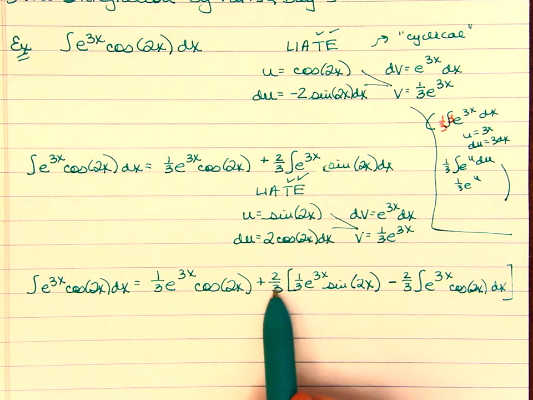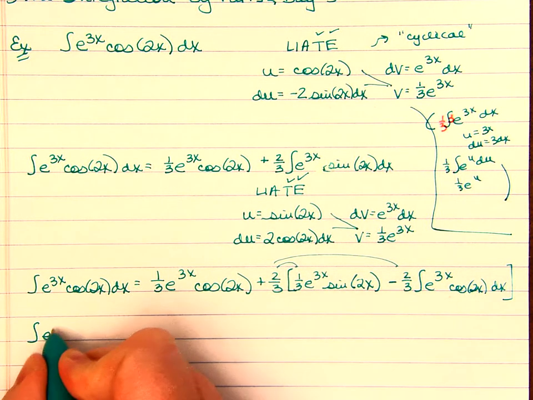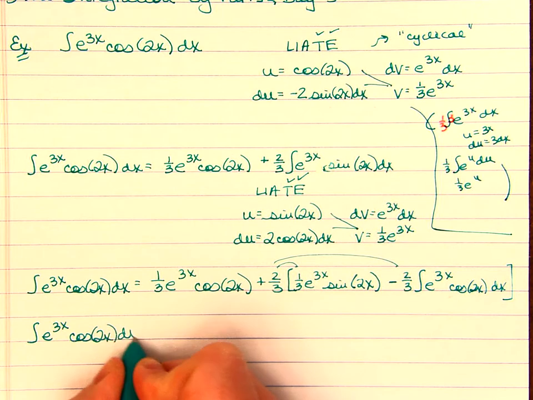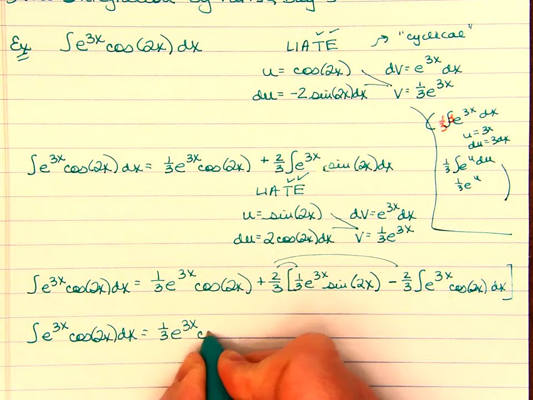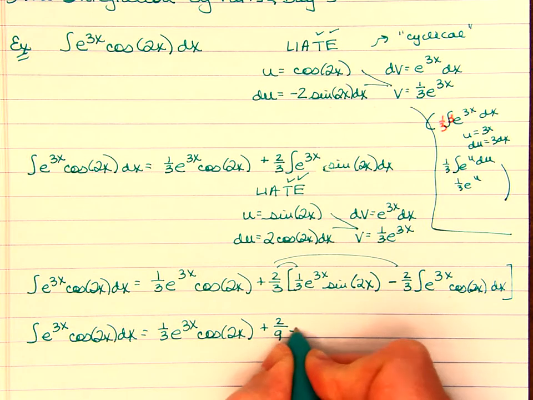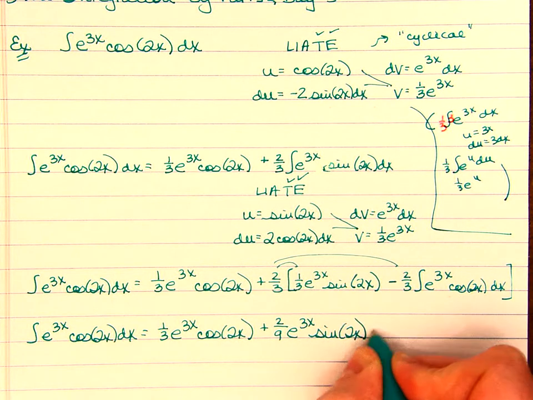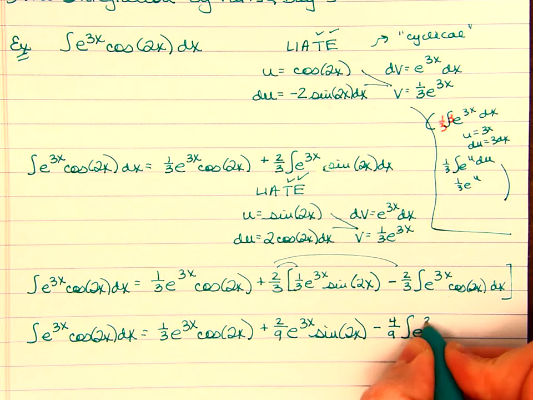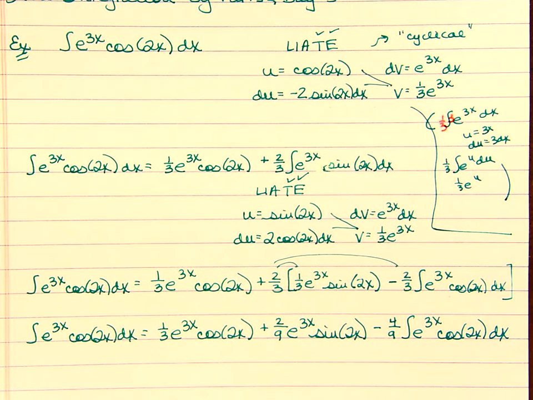I'm going to distribute the 2/3 to both of those pieces, and I'm going to get the integral of e to the 3x cosine 2x dx equals 1/3 e to the 3x cosine 2x plus 2/9 e to the 3x sine 2x minus 4/9 times the integral of e to the 3x cosine 2x dx.